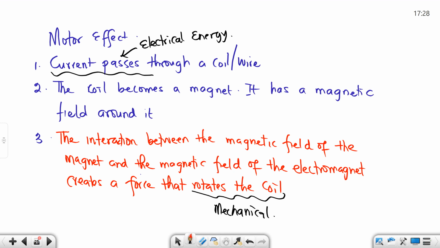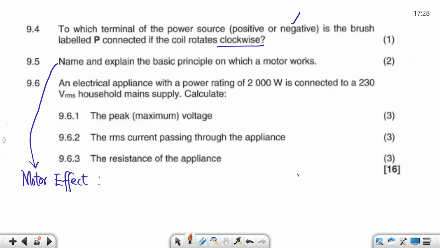All right, let's go answer the next question. Now, calculation. Please understand quickly, when it comes to calculation, what comes out of the socket of our houses is RMS, root mean square.